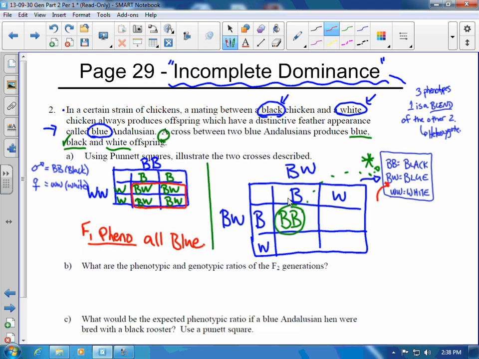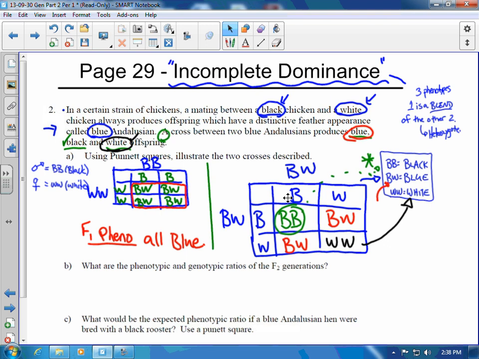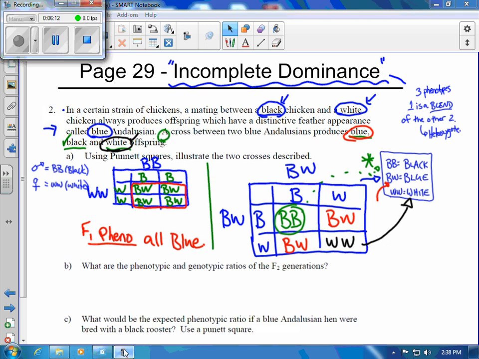We've got B, W, B, W. There are the blues. I like that I used red ink for the blues. And W, W. Again, check right there, and we can see that we've got the whites already taken care of. So there are the two crosses illustrated as requested by the question.